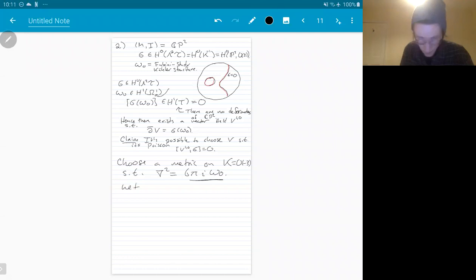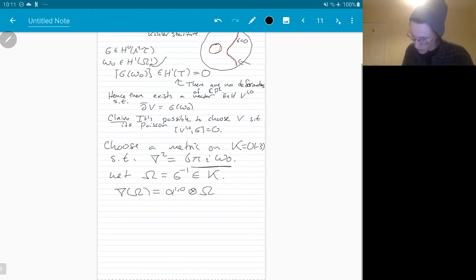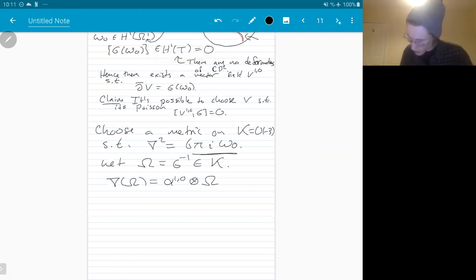Then let omega be sigma inverse. So this is a section of the canonical bundle. It's singular exactly on this elliptic curve, this red vanishing locus. But in any case, we can apply this Chern connection to omega, and this will look like a 1-0 form tensor omega. Because the curvature of this connection is 6 pi i omega 0, d bar of alpha 1-0 is 6 pi i omega 0.